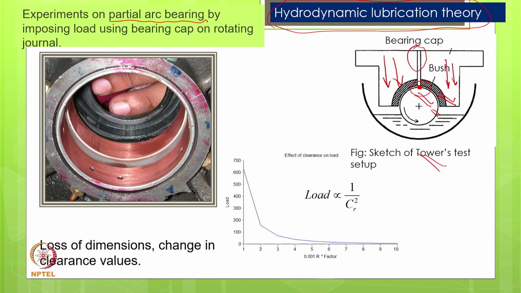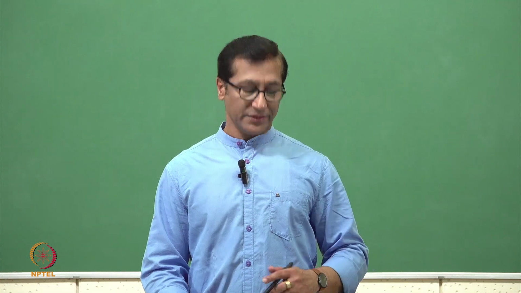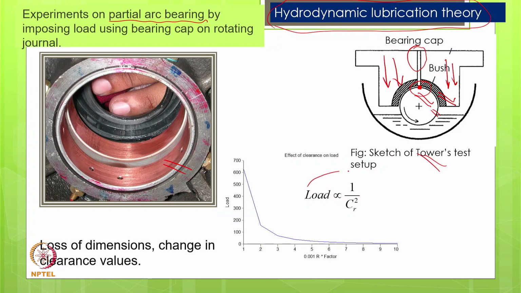Another point comes when we keep a bearing. In this case we are also keeping a shaft and bearing clearance; the shaft gets inserted into the bearing, and they will have some clearance. I have shown here that if clearance increases, load carrying capacity decreases. If clearance is almost negligible, load carrying capacity is huge.